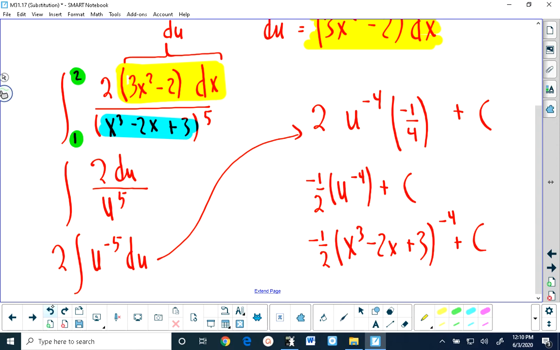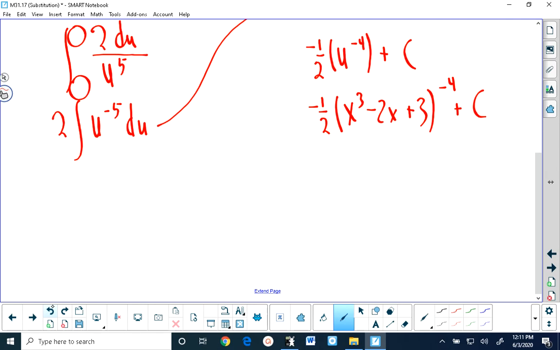What you could have done is used u equals x cubed minus 2x plus 3 and put the values for x that I've highlighted in green in there to calculate values for u. And then whatever numbers for u you get, you could have put here and evaluated with those numbers. I prefer to actually just go with the original values, which are values of x.